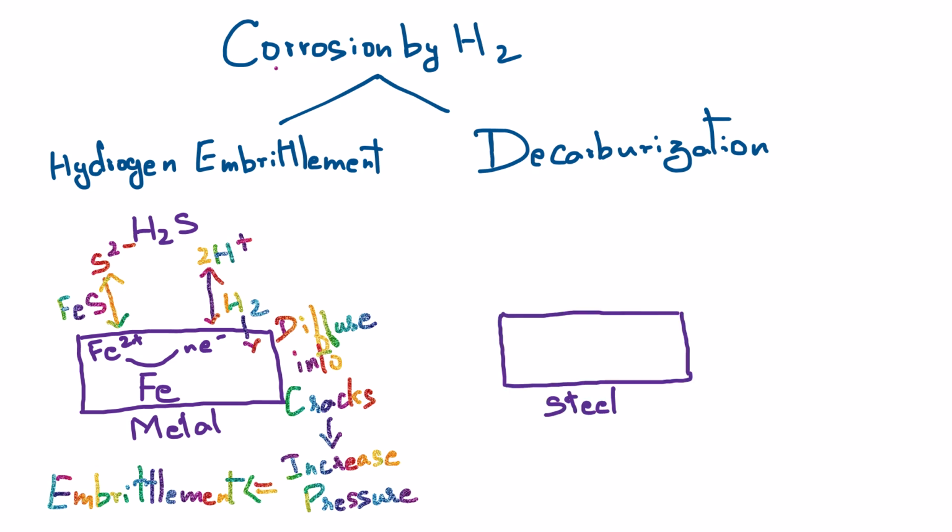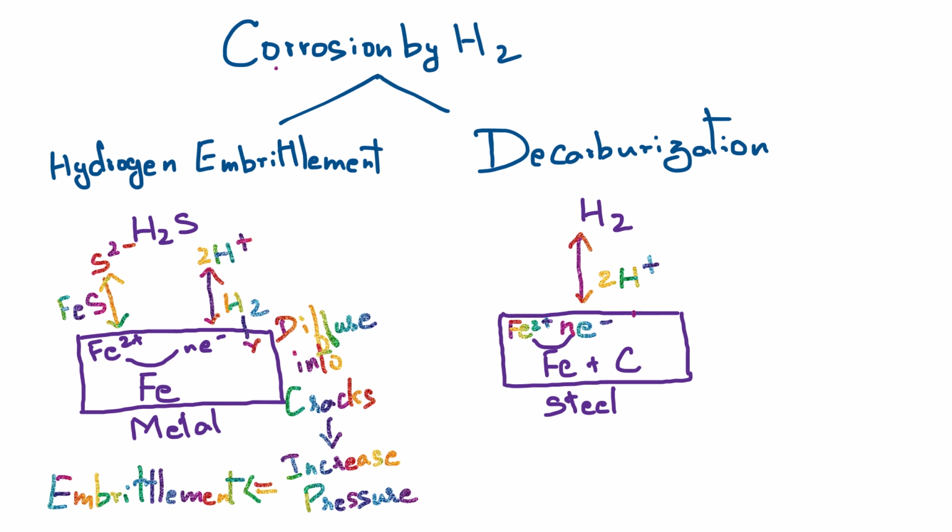For decarburization, consider alloy steel. It consists of iron and carbon. When steel is exposed to a hydrogen environment, iron undergoes oxidation and forms Fe2+ and releases the electron, and this electron is utilized by the hydrogen and forms H+ ions.